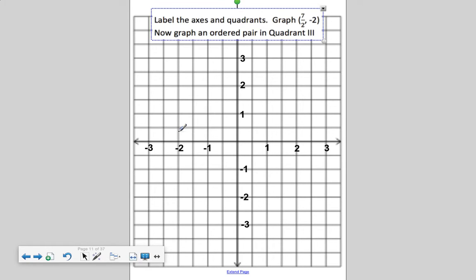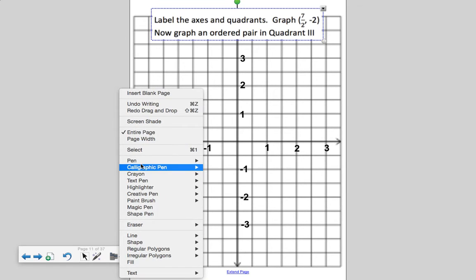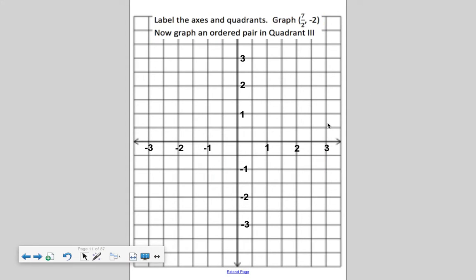So label the axis and quadrant here. So let's get my text. Sorry, this is the x-axis. It's a number line that goes horizontal. This is the y-axis. This is quadrant 1.